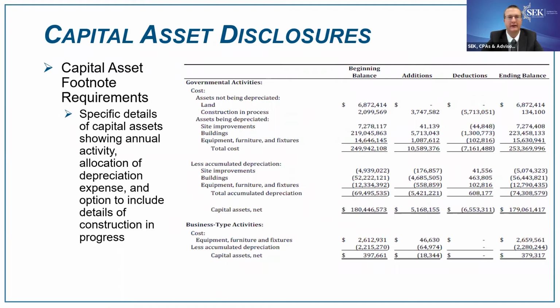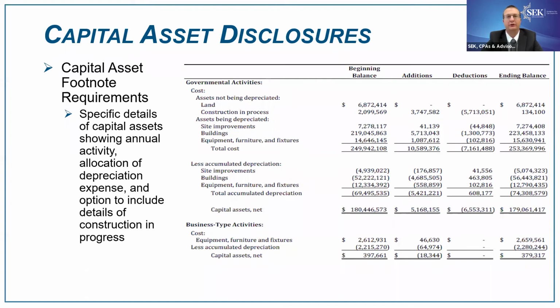On the next slide, it gives you that breakdown of the capital assets and a bit of the requirements, the specific details showing that annual activity and allocation of depreciation expense. You also have the option to break down further the construction in progress portion. On the right-hand side is a sample from one of our clients. On the top portion, it's split out for governmental activities, and the bottom couple of items are your business type activities.